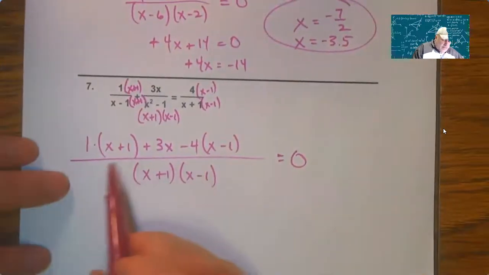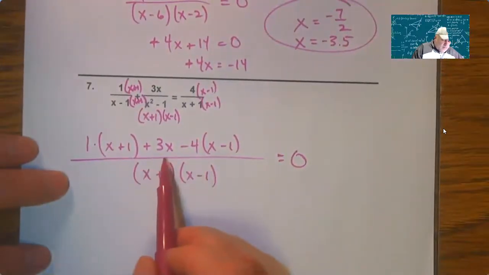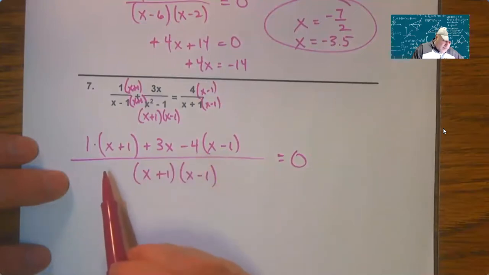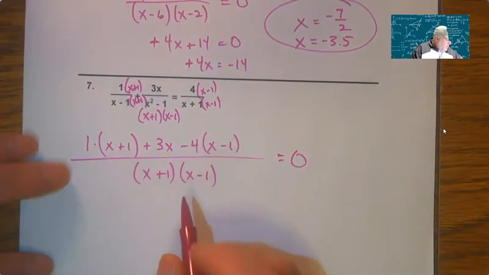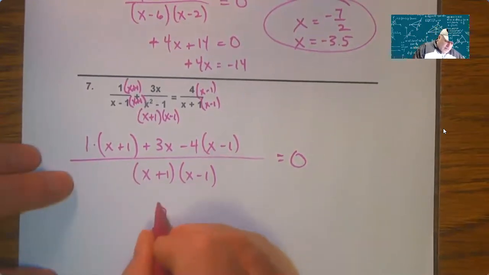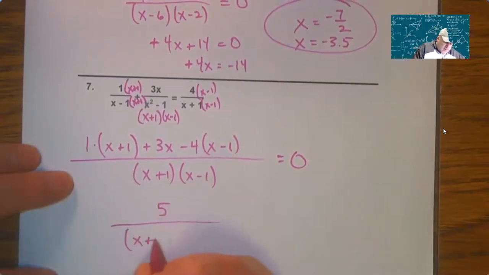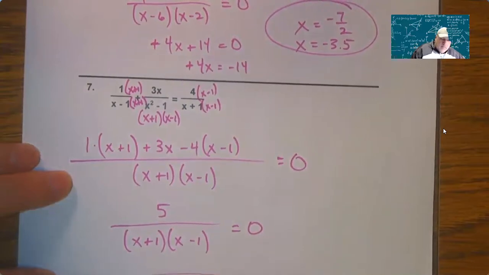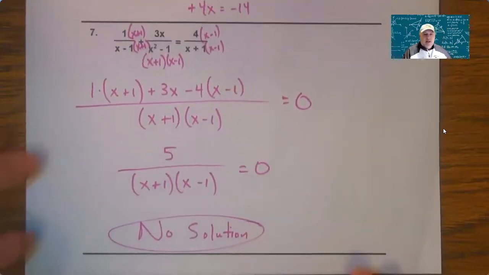All right, so the top, 1x plus 3x is 4x minus 4x. So the x's drop. This is going to be a no solution. 1 plus 4, that gives you 5. So immediately, if you see that the x's drop entirely, you can go right to no solution. Okay, that can happen on any of these.